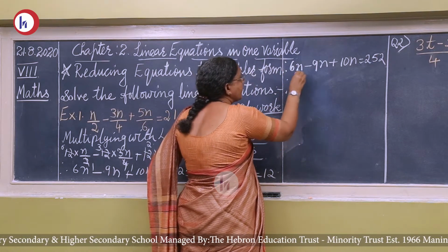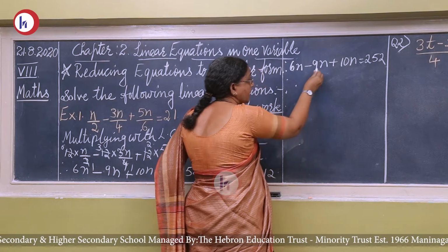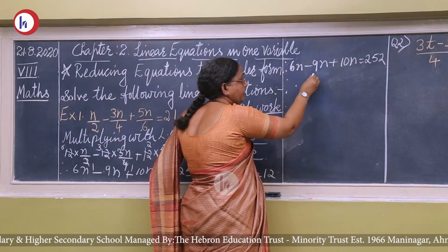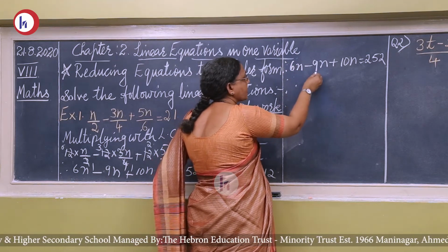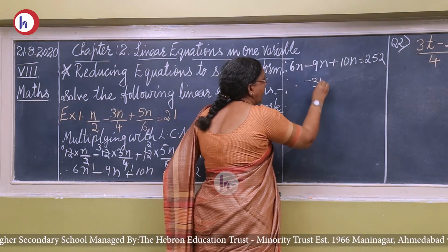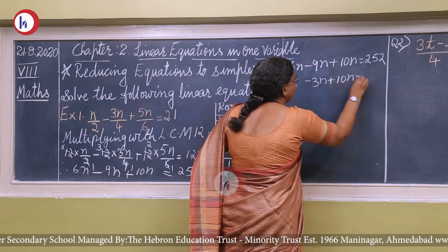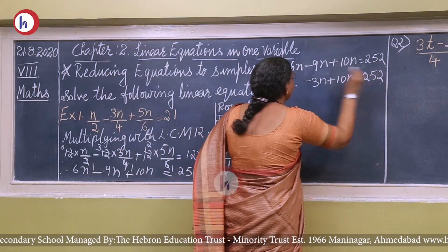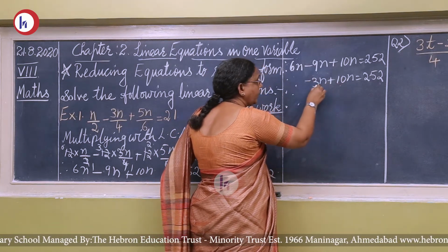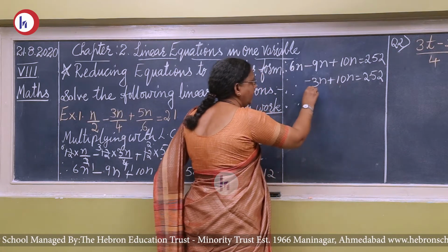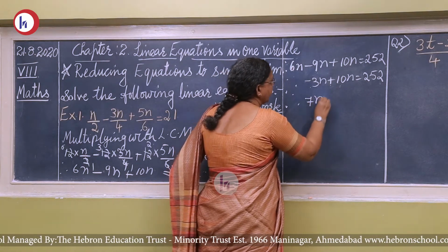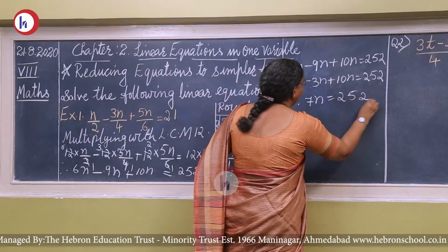Since 6n and 9n have different signs, we subtract: 9 minus 6 is 3, and the greater number has the minus sign, so minus 3n plus 10n is equal to 252. Again the signs are different, so 10 minus 3 is 7, and the greater sign is plus. So 7n is equal to 252.